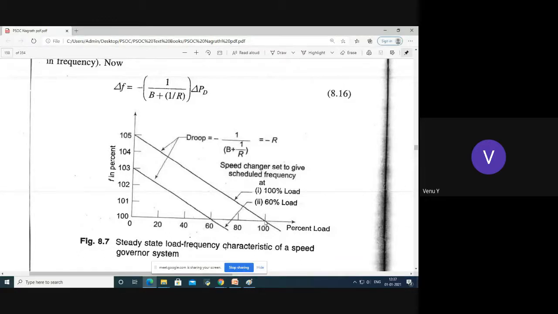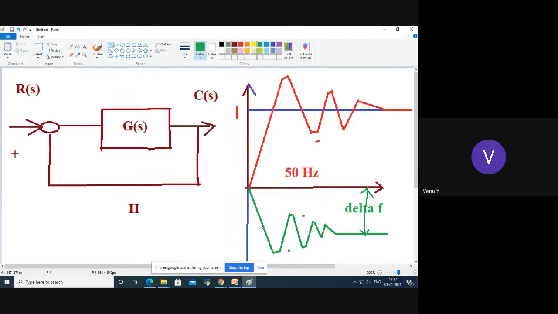When the load changes on the system, what happens? Immediately there is a change in frequency. That means frequency will fall down. It makes some oscillations and settles down to a steady state value.